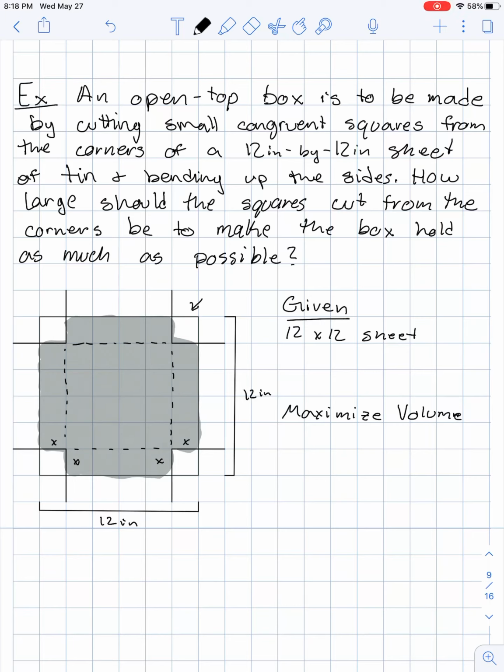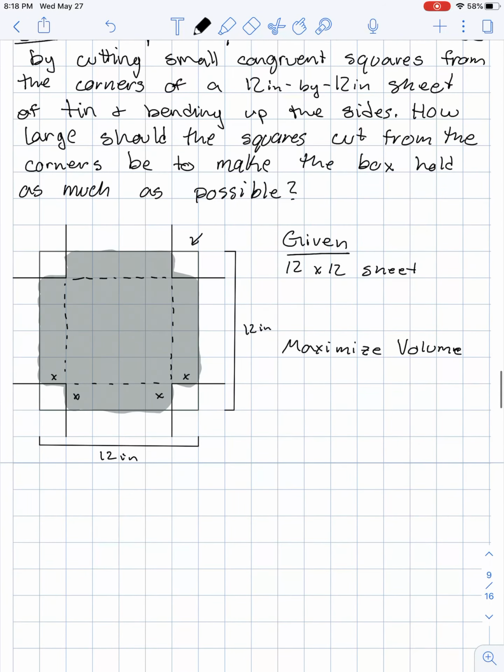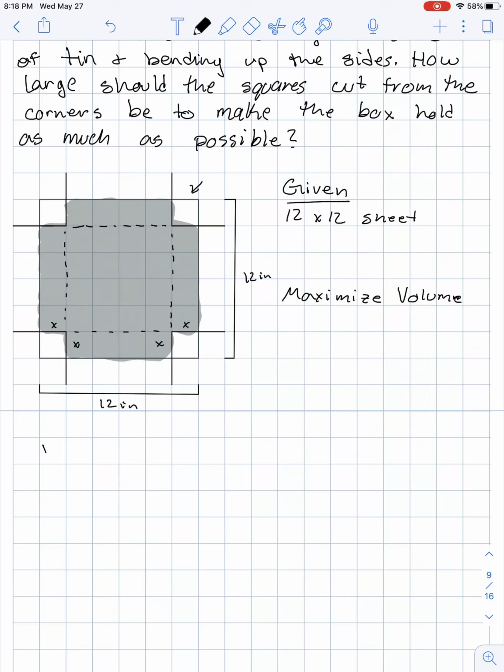All right, so let's call each side of each square X. I want to maximize my volume, so I need to make a volume equation. So I know volume of a rectangular box is length times width times height.